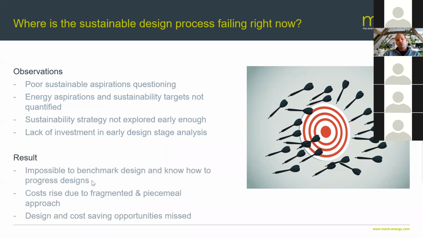And as I've mentioned, the result is that it's impossible to benchmark the designs if you haven't got a framework to benchmark them against. Costs end up rising because of this fragmented and piecemeal approach to the project. You're not doing proper due diligence and analysis at the right level, and you miss a load of opportunities.